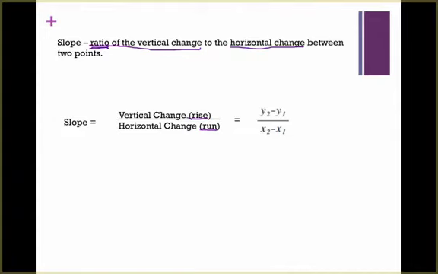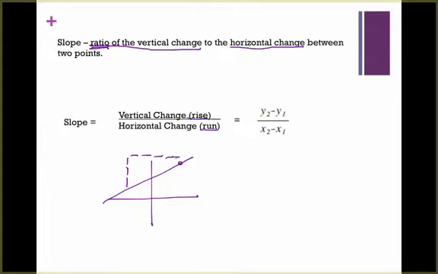But if we think about points, let's say on the XY axis, and we've got 2 points, the vertical change is going to be the distance that the graph is going to rise, where the horizontal change will be the distance that the graph is going to run.